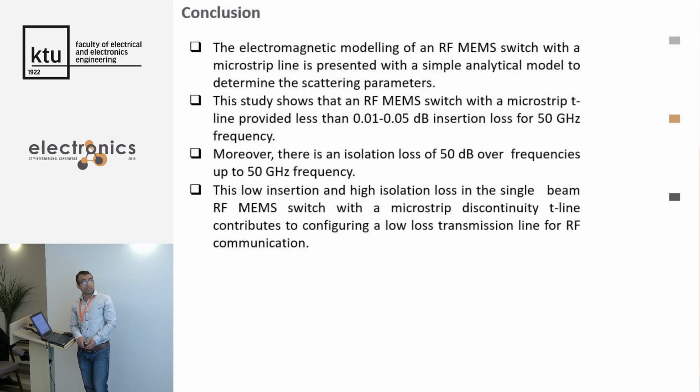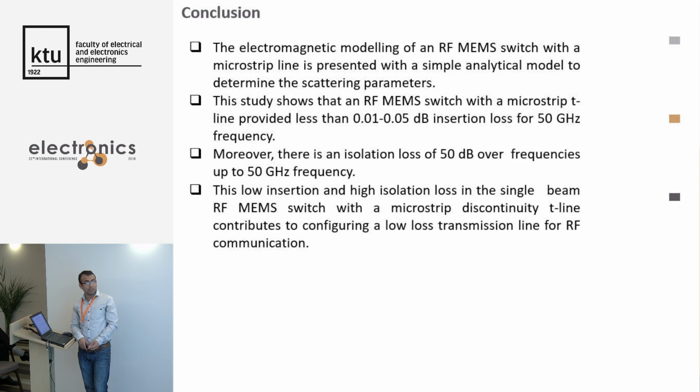The conclusion is that the electromagnetic modeling of an RF MEMS switch with microstrip transmission lines was studied based on the analytical model and the scattering parameters. In this study the RF MEMS switch insertion loss is 0.01 to 0.05 dB at 50 gigahertz.